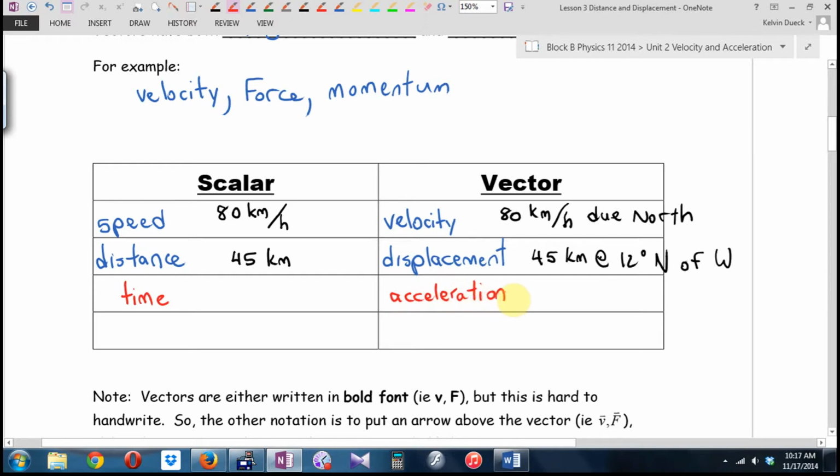Acceleration's a vector, although often we're going to be sloppy and just say, find the magnitude. You'll figure out whether the question wants just the magnitude or whether it wants a direction. Usually this year, if you're giving me the answer as positive, you're telling me we're speeding up. How would I show that we're slowing down? Negative.